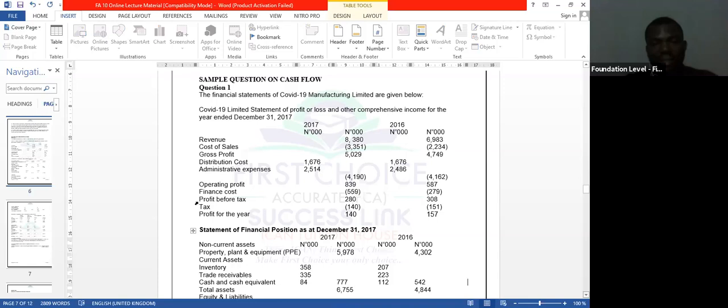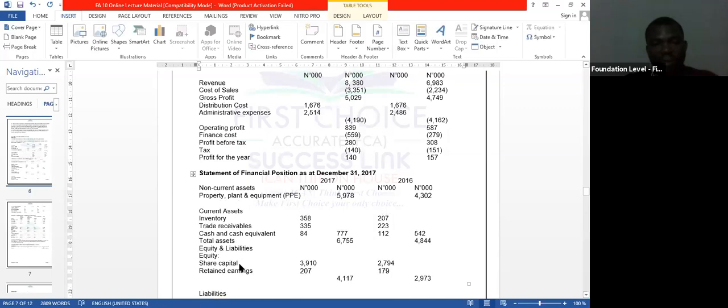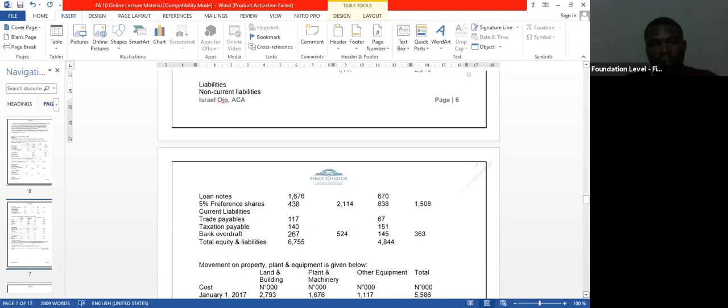Then we have the equity and the liability part as well, where we have the equity share capital and retained earnings. So those are what we have there. We have the liability section here. You can see the liabilities given to us. Then we have the movement.